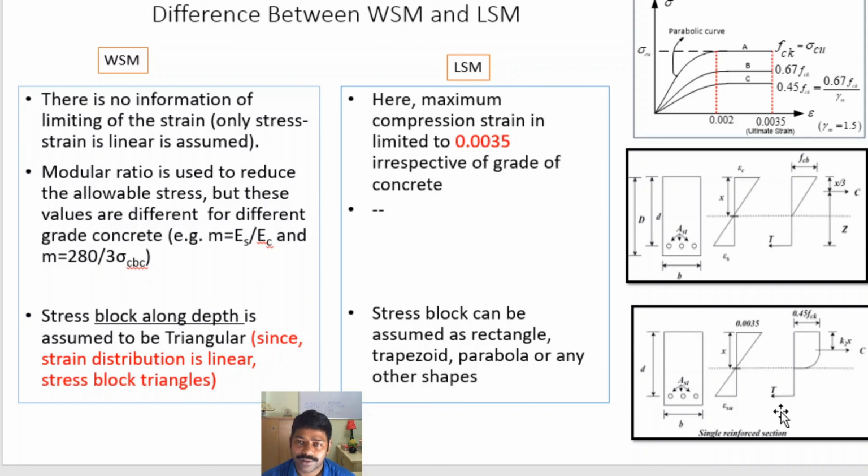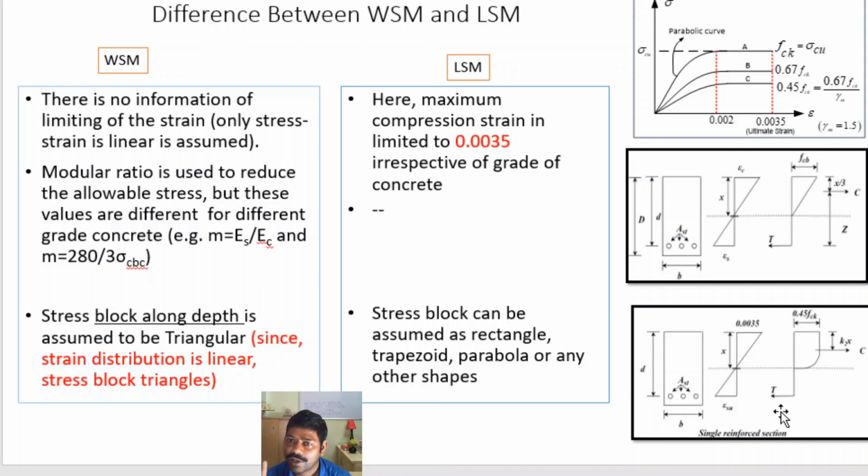The working stress method is not economical, though it satisfies your safety and serviceability criteria by default. The ultimate load method is economical, but it cannot give a guarantee of the serviceability conditions. There can be excessive deflections or cracks. The limit state method satisfies both criteria, safety as well as serviceability.